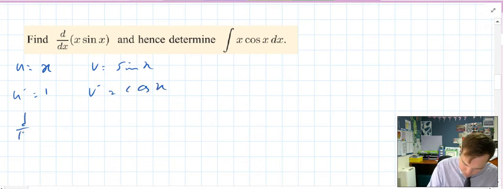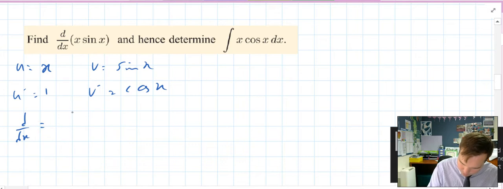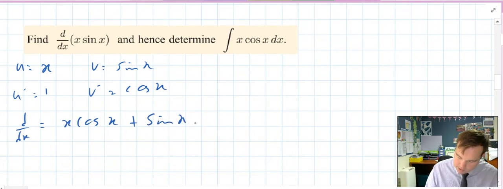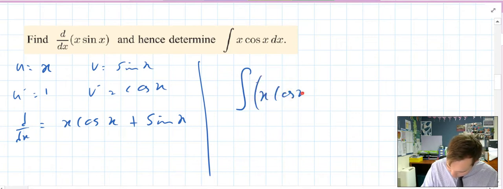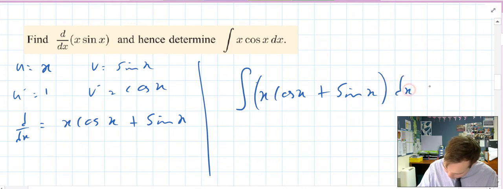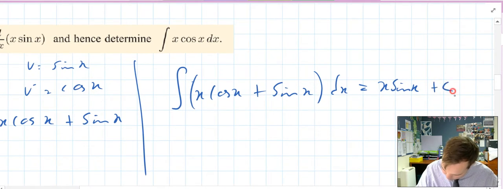So d on dx is equal to x cos x plus sine x. Alright, so what we can say is that the integral of x cos x plus sine x dx must equal x sine x plus c.